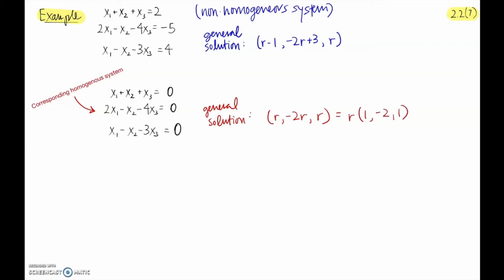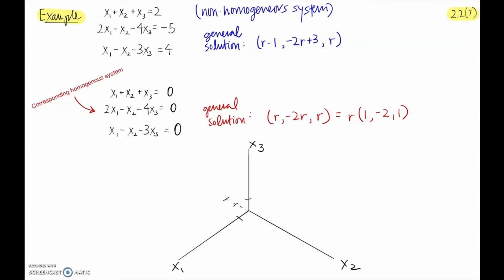So if we had these three axes, and we've got x1 right here, and x2 here, and x3 here, this is saying take any scalar multiple of the vector 1, negative 2, 1. So that's going to be 1, then negative 2, and then 1 up here.